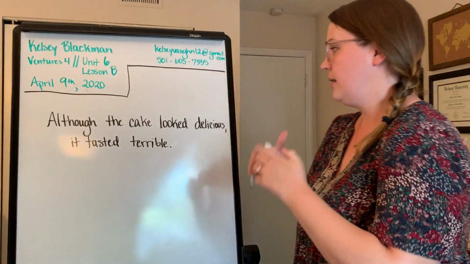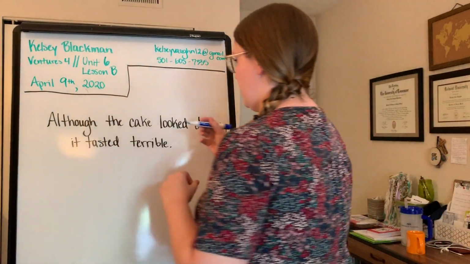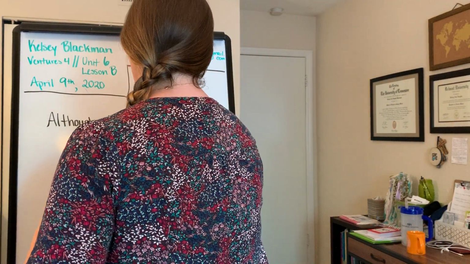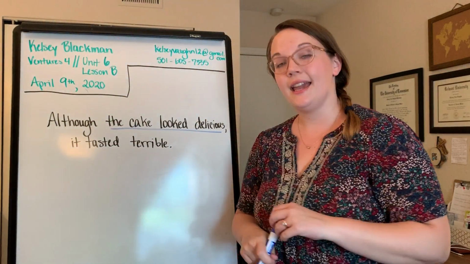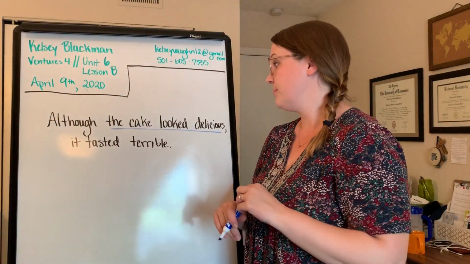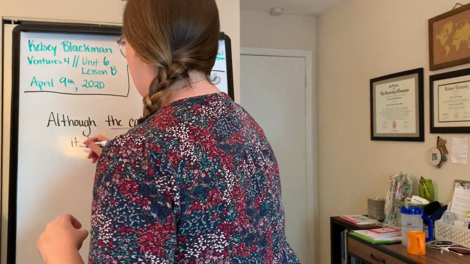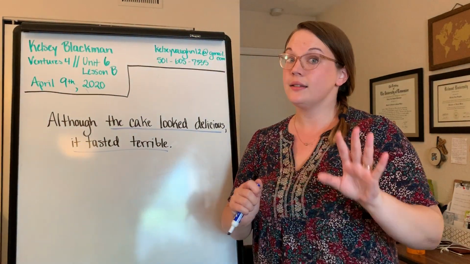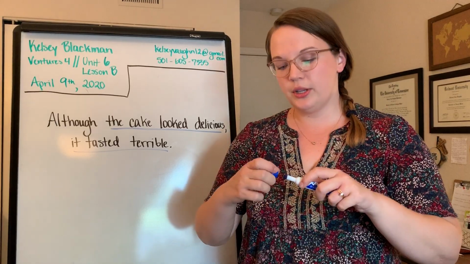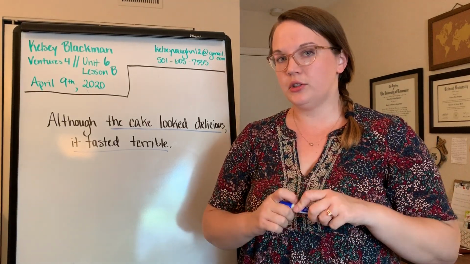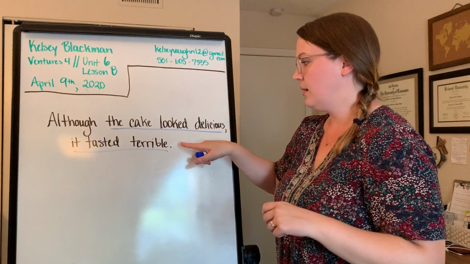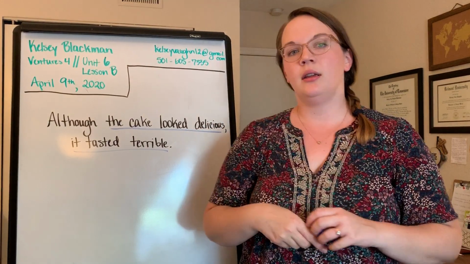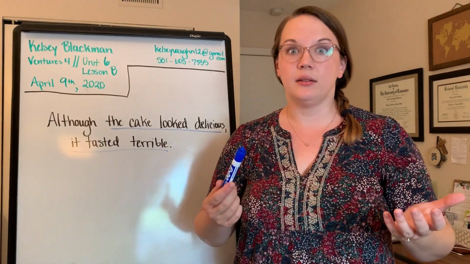You see, the first one is the cake looked delicious. The second one, it tasted terrible. So the question is, which one of these pieces of information is surprising?